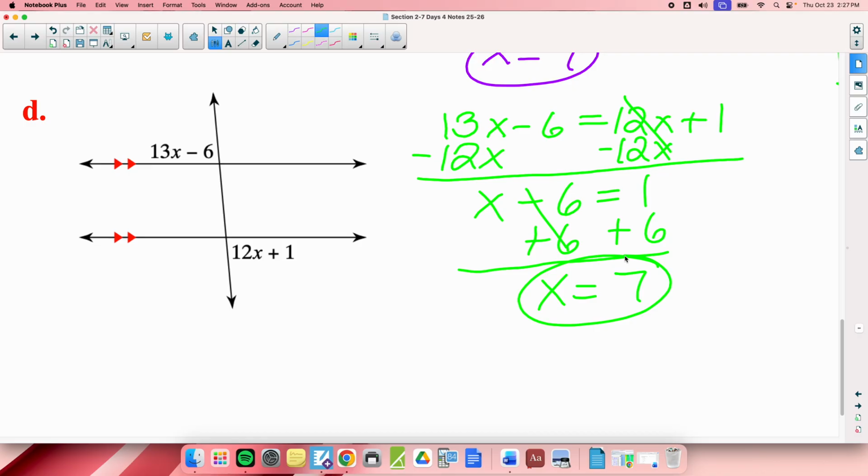Claire, 13. What do you get? No, where are you? Why not? It's 26. Minus 4 plus 9 is 76.